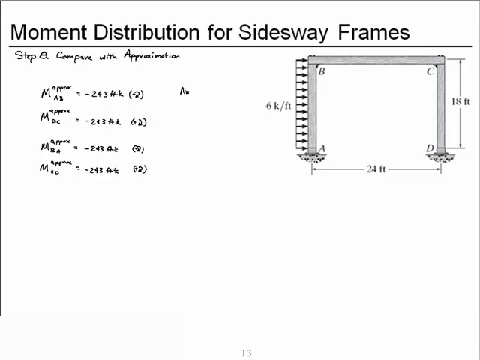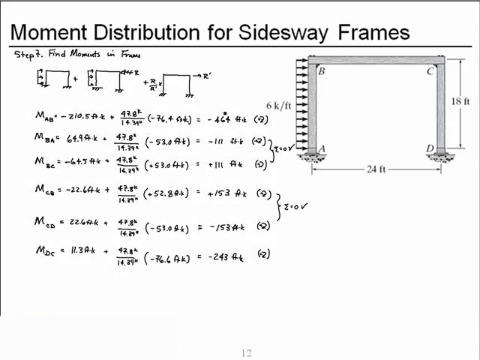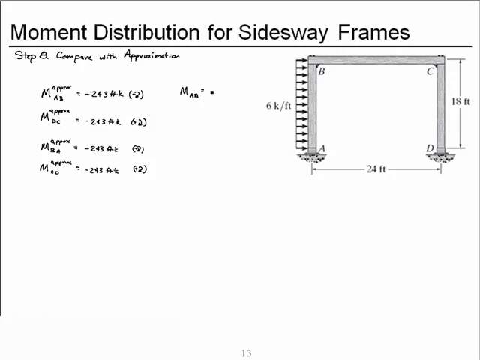Now, from moment distribution, we found the moment reaction at A to be negative 464 and the moment reaction at D to be negative 243. Again, we use the same sign convention, so positive would have been clockwise.